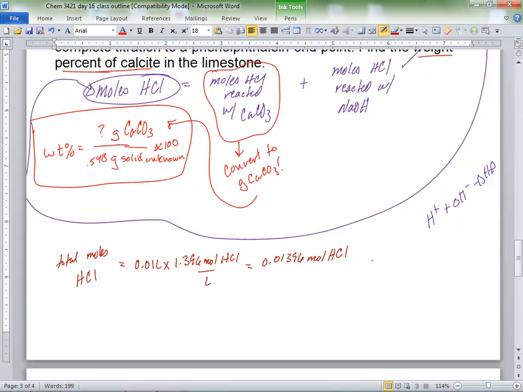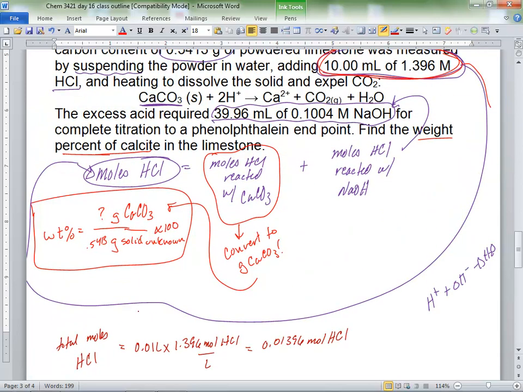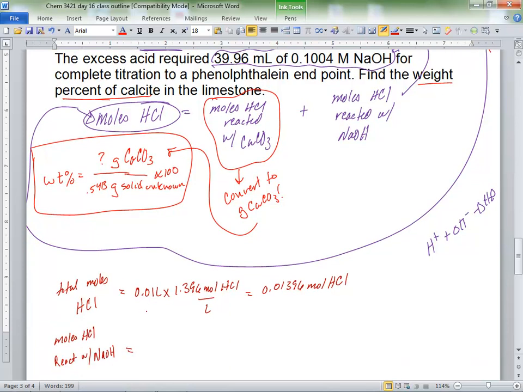And then get the moles of HCl that reacted with the NaOH: 39.96 milliliters, or 0.03996 liters, times 0.1004 molar. It's two nines. Thank you.